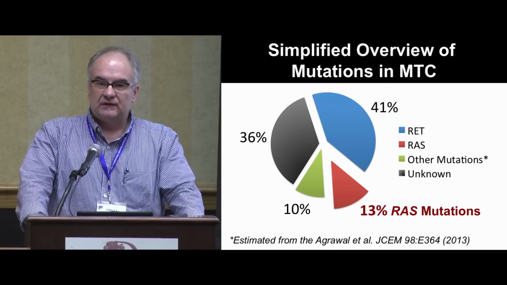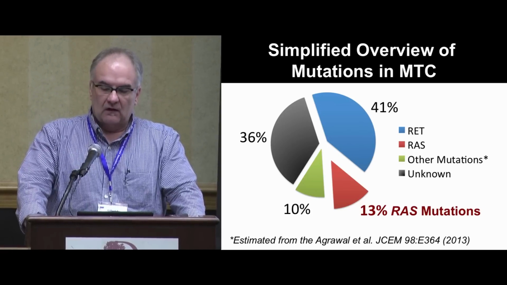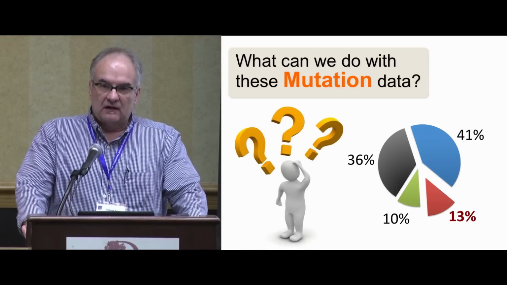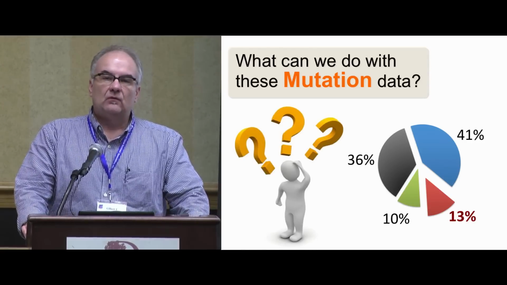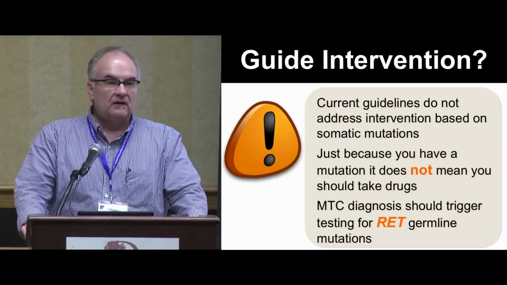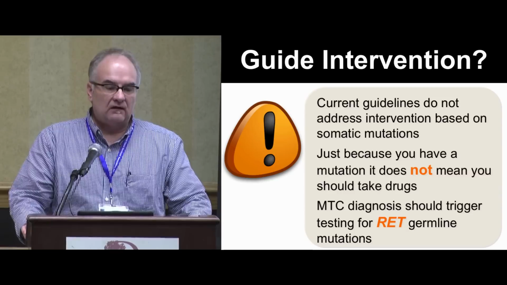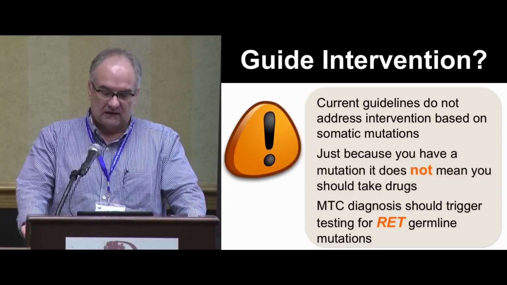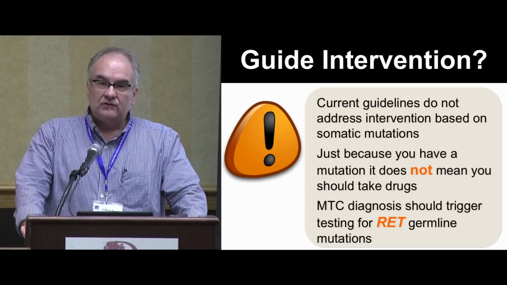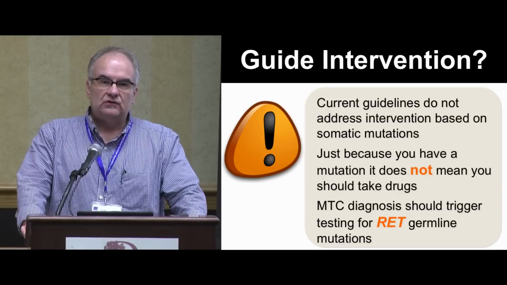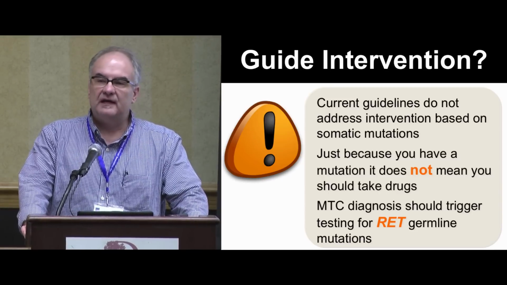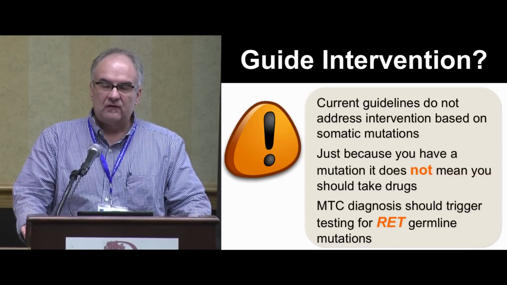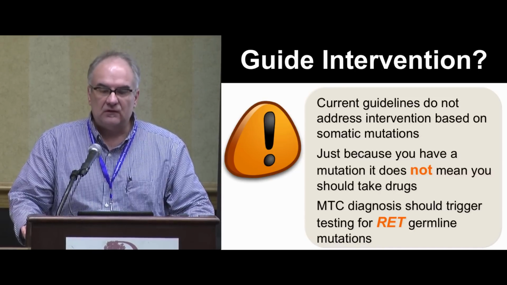So what can we do with this mutation data? Well, the very first thing that I want to tell you is to utilize this information with great caution, okay? The current guidelines that we tell all of the physicians, and they're supposed to be following, although some don't follow these guidelines, do not address specifically whether or not you should treat a patient based on whether they have a somatic mutation, yes or no. The only thing we know is if you have a germline mutation, there are clear recommendations.